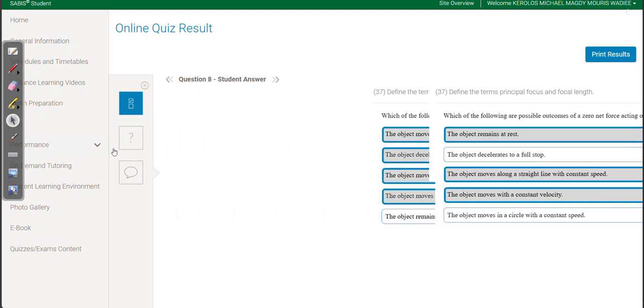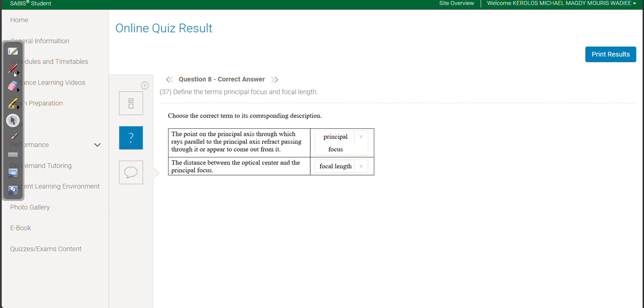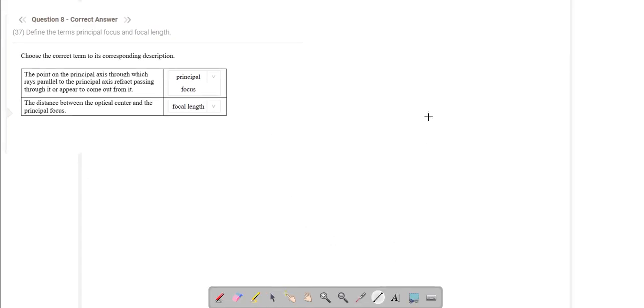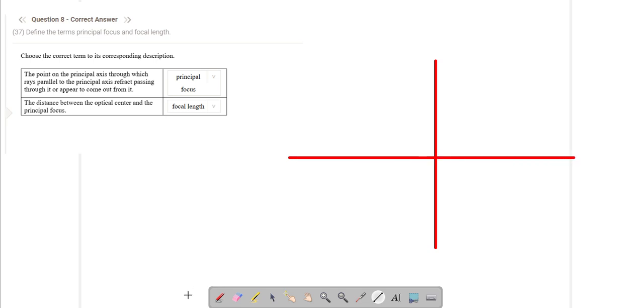Next question. Okay, here I'm gonna do this on the whiteboard to remind you, since I know some people forgot. Imagine you have a converging lens here, and we know here's F as well.